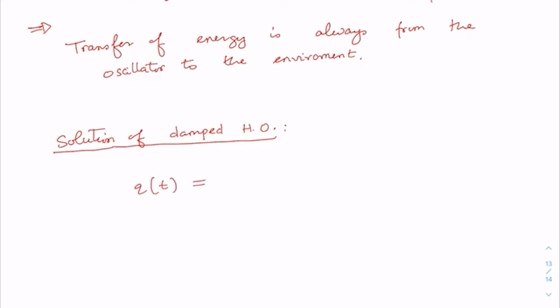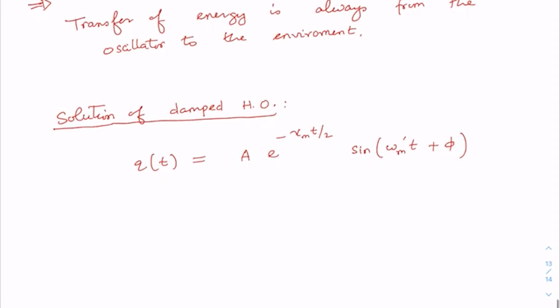So the solution is like this: q of t is equal to some constant, the amplitude a, e to the power minus gamma m t by 2, times sine of omega m dash t plus a constant, which is the phase of the oscillator.